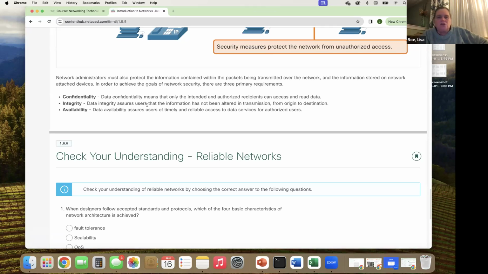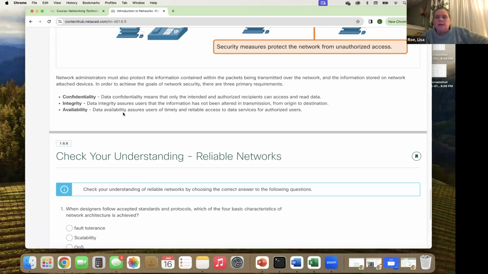So this just makes sure that nothing's been changed in a file. So where's that important? In your health data, in government documents, in critical applications. Like I'm an engineer for an automotive industry, and I just developed a brand new engine that can run on air, right? I want to make sure that none of that data has been intercepted and changed.